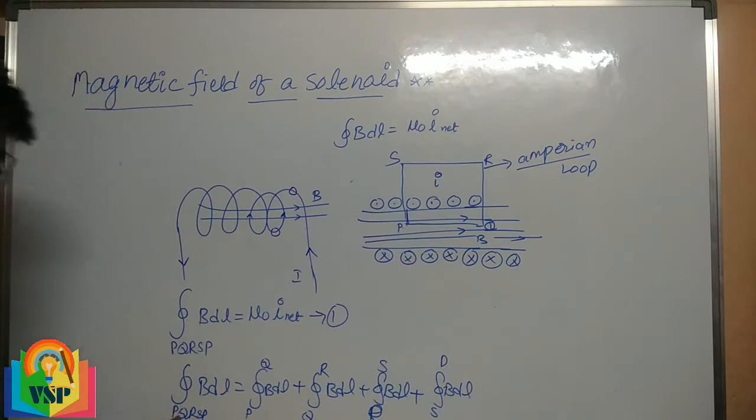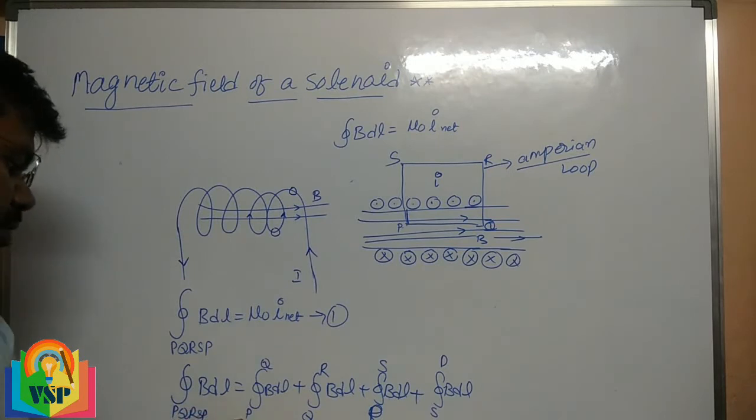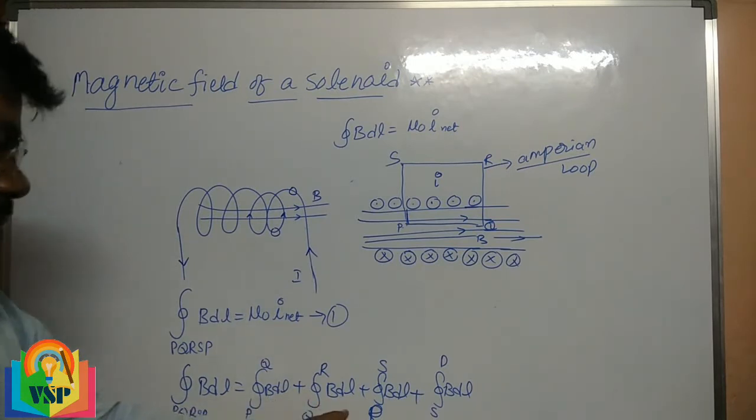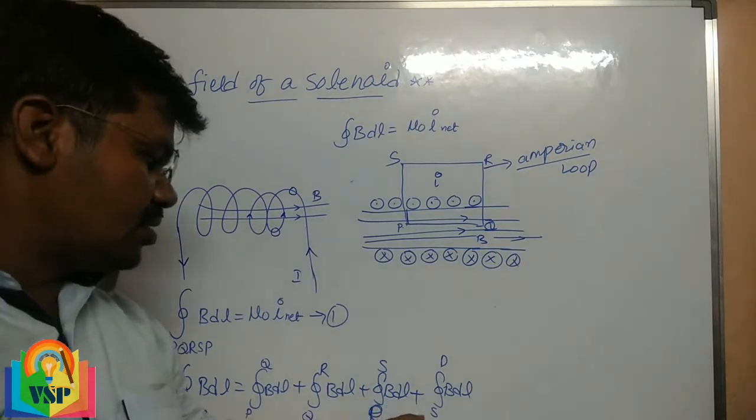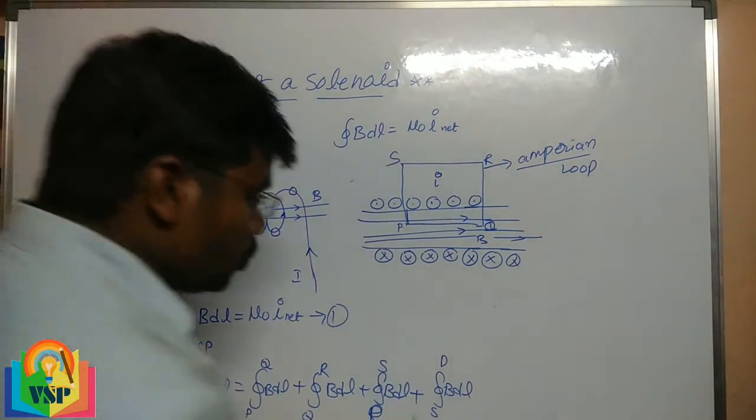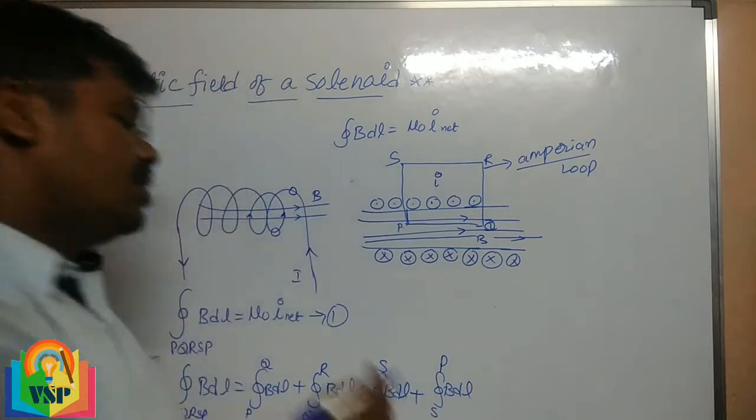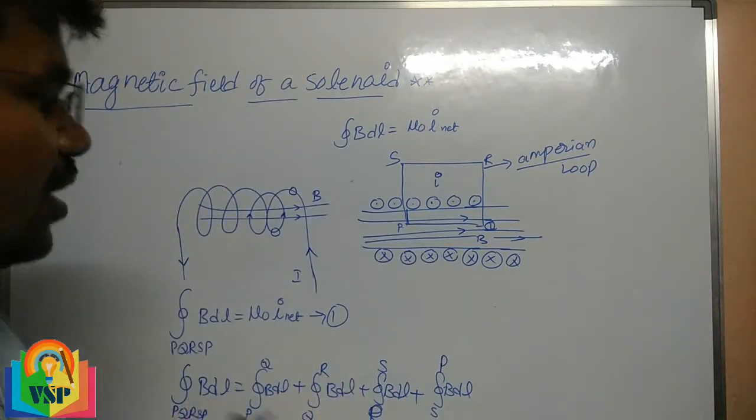So in the line integral of PQRSP B·dl is equal to the integral P2Q B·dl plus Q2R B·dl plus R2S B·dl plus S2P B·dl. Okay, understand?